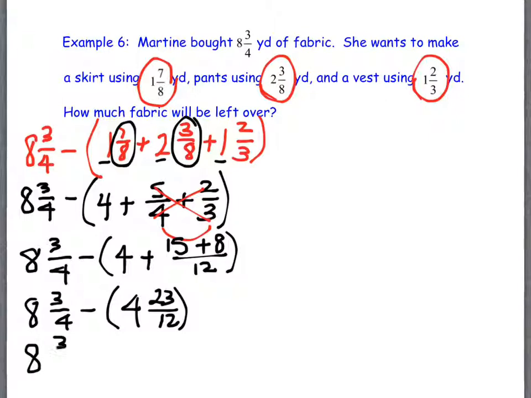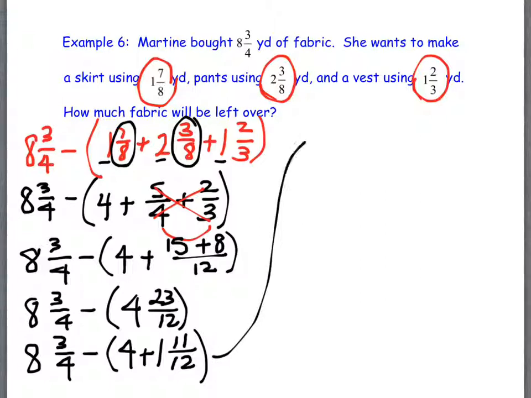So I've got 8 3/4 minus, and what I've really got is 4, and then this would be 1 11 twelfths, right? Did I get that right? 11 twelfths. So back up here, this would actually be 5 11 twelfths then, yeah?